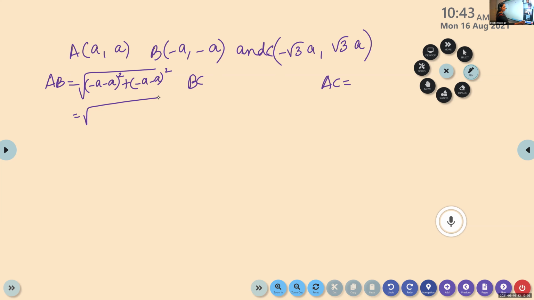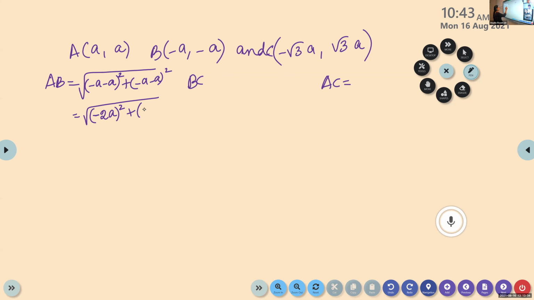Okay, Meghna, what is minus a minus a? Meghna is there? Yes, Savio, give the answer. What is minus a minus a? It is minus 2a, the whole square.